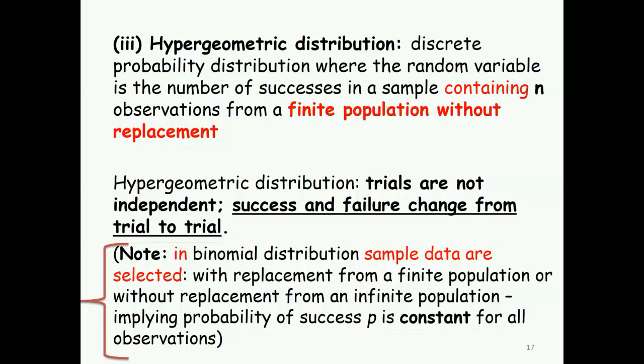Do you think P and Q would remain the same in this statement? Constant? The idea is that, let's say I have 1 million students. I pick one student. What is the probability of that student? 1 divided by 1 million. Then that student would be set aside without replacement.